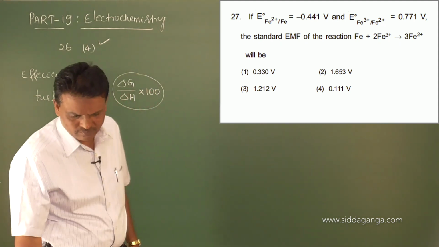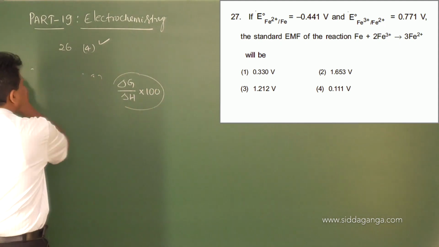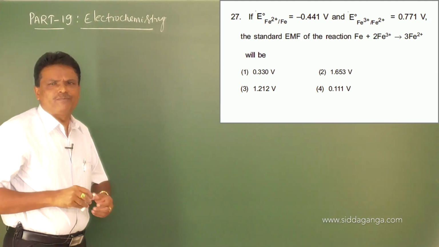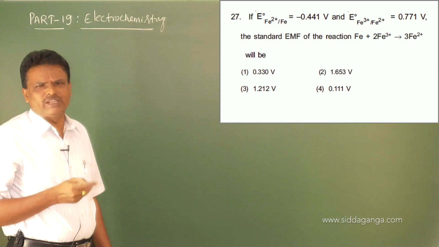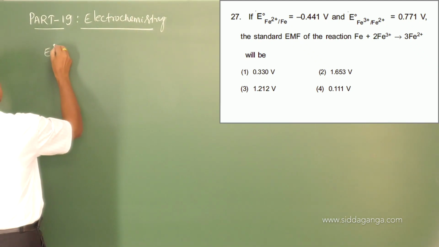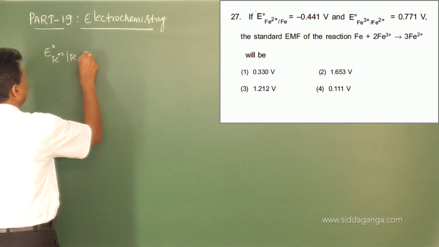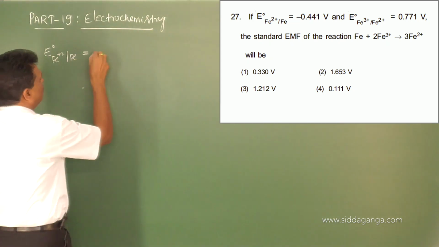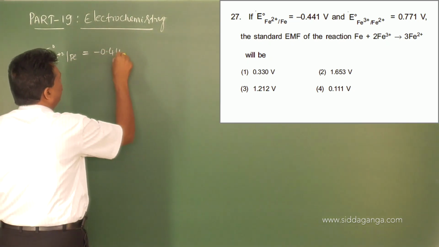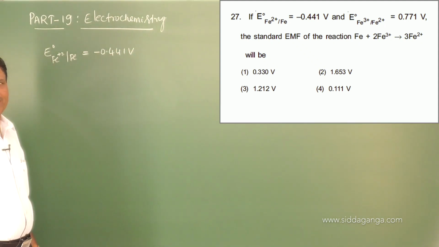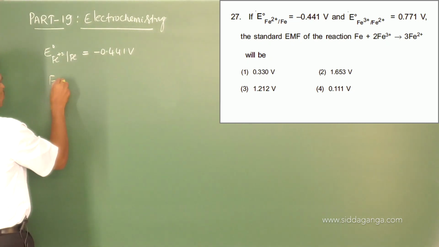So look here, what they have given. The standard reduction potential of Fe plus 2 to Fe, E naught value, is equal to minus 0.441 volts. Then another one is Fe plus 3 to Fe plus 2.